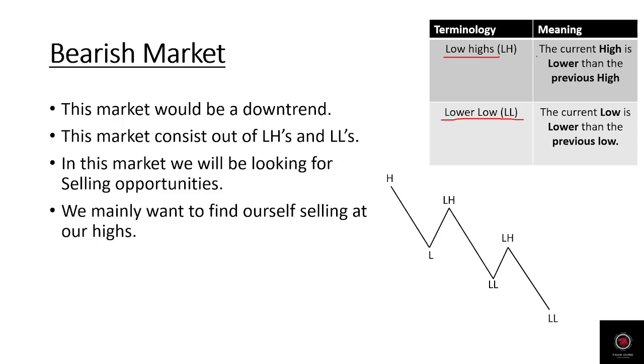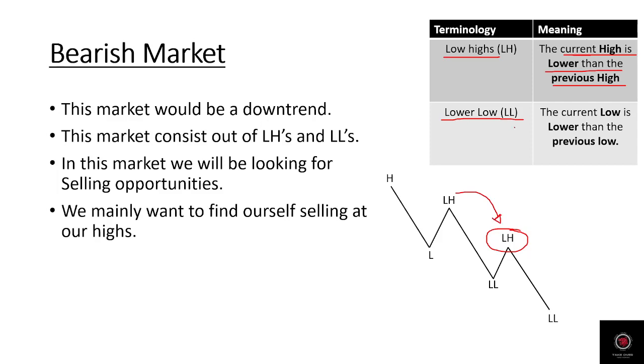A lower high simply means that the current high is lower than the previous high. So if this is the current high, can you see that it is lower than the previous high, making this a lower high?